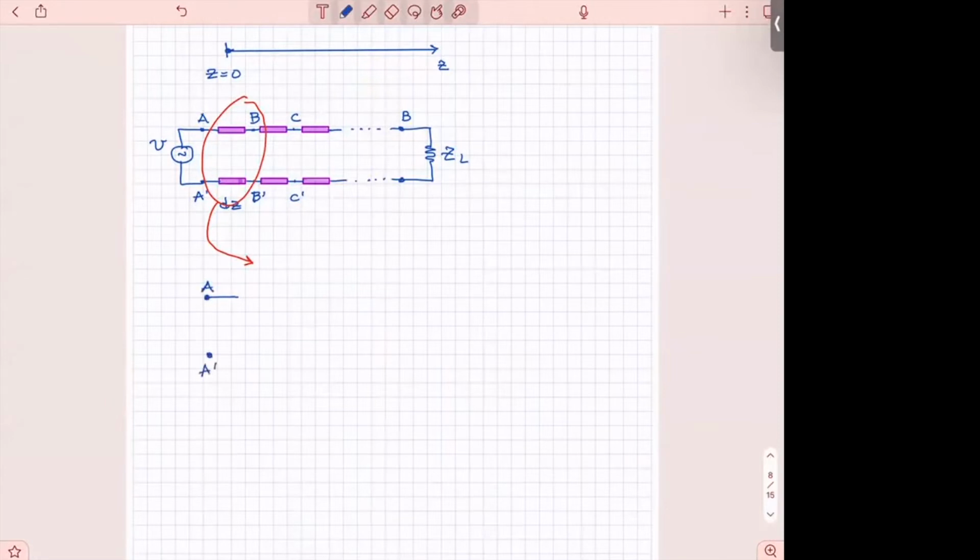It starts at AA prime, and then this is the inductance of the line. So I'm trying to develop a symbolic representation, and this is its capacitance.